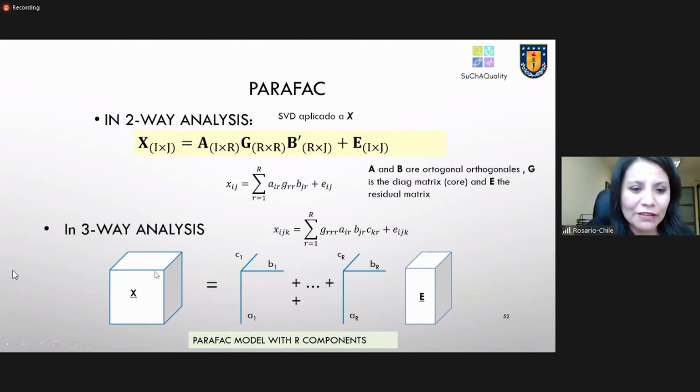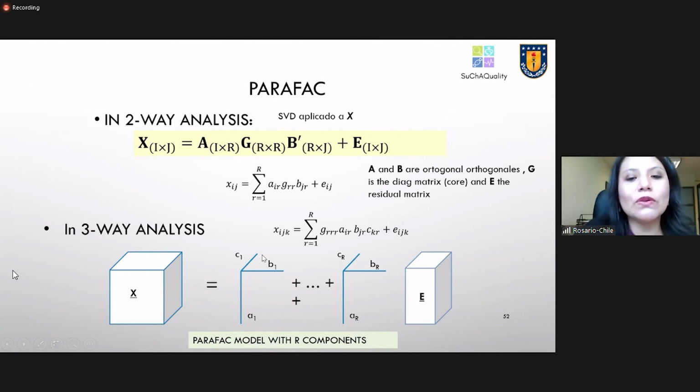For example, if my sample has 10 components, I will have 10 elements here, and each element will have 3 coordinates. One coordinate assigned to the scores, to the samples, another coordinate assigned to one mode, for example excitation spectra, and the other axis assigned to the emission spectra.